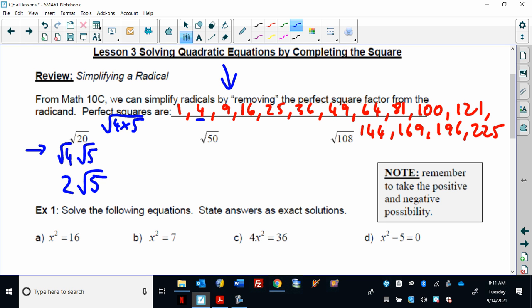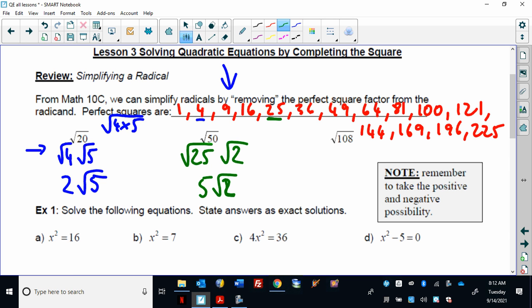All right, let's go to the next one, root 50. Anything here that looks good? Oh, this looks good to me. So we can break root 50 down into 25 times 2. The square root of 25 is 5. The square root of 2 is just root 2.